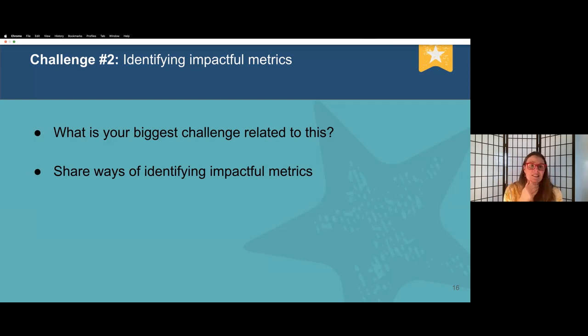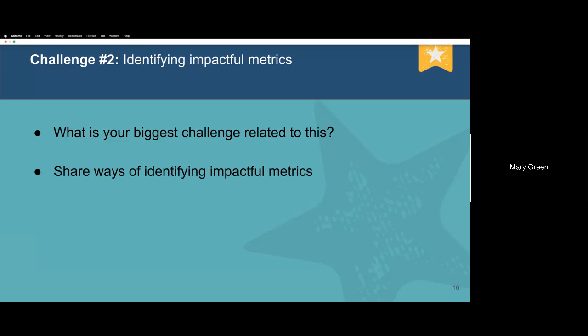In my mind, it was twofold. It was how to determine whether the story was worth telling because it has metrics that are impactful enough. And then within the story, as you're doing the interview and putting the story together, how do you figure out what kind of metrics will be impactful? Okay, that works.